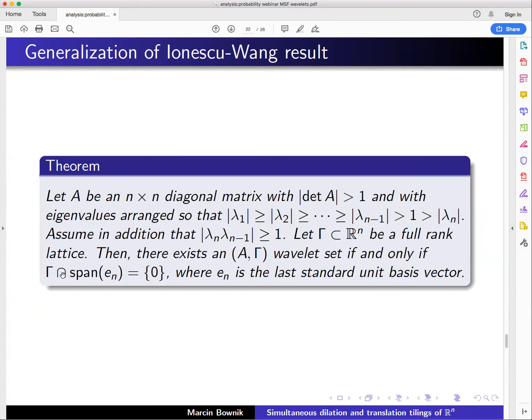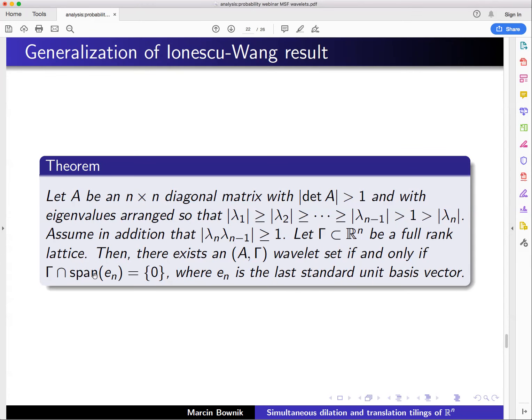So this is a necessary condition, this intersection for the eigenspace corresponding to contracting eigenvalues, but it's not sufficient by any means, and that's what the example shows. It's not too difficult to see this example using our characterization result.